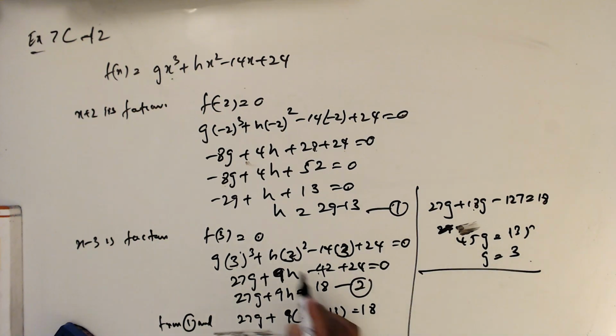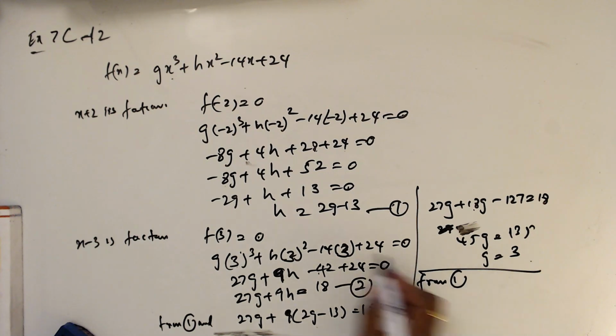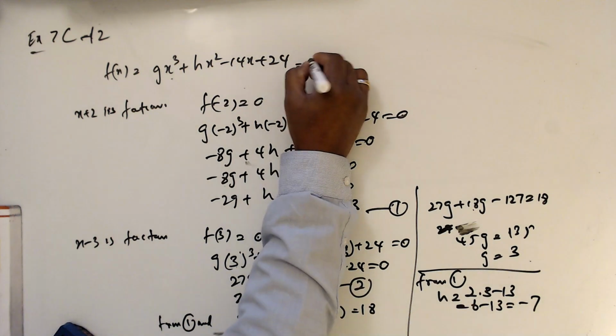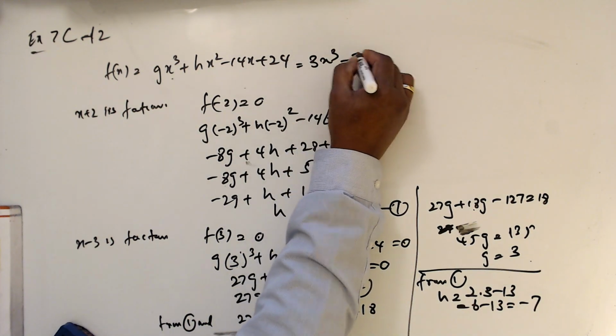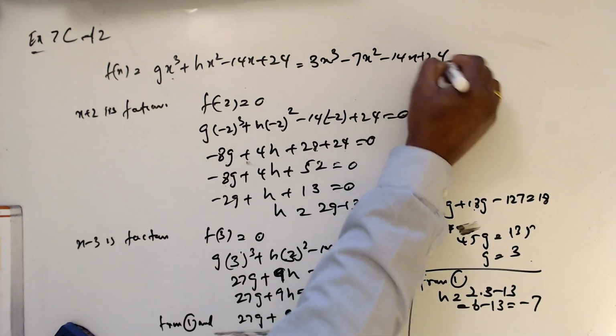When g equals 3, from 1, h equal 2 times 3 minus 13, 6 minus 13, minus 7. So this is 3x cubed minus 7x squared minus 14x plus 24.